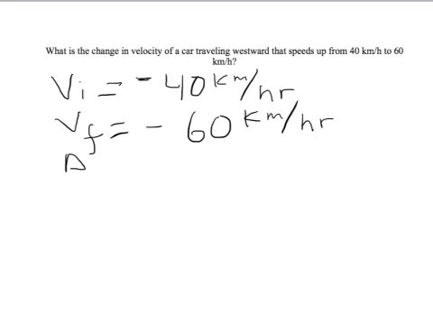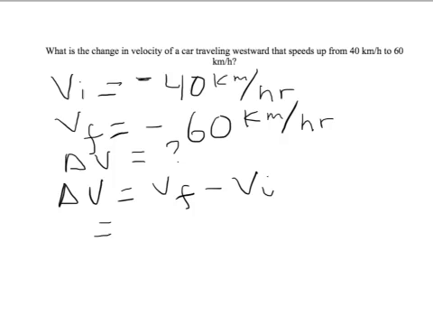And we want to find the change in velocity. And of course, the formula is the final velocity minus the initial velocity. So we do our substitution, and that would be negative 60 minus negative 40 kilometers per hour. And perhaps you've been taught before, if you have a minus a minus, you circle those and those become a plus.